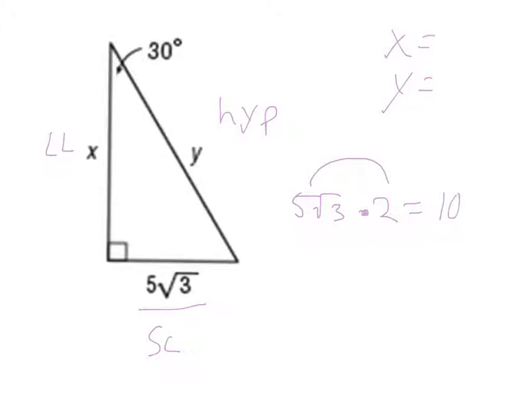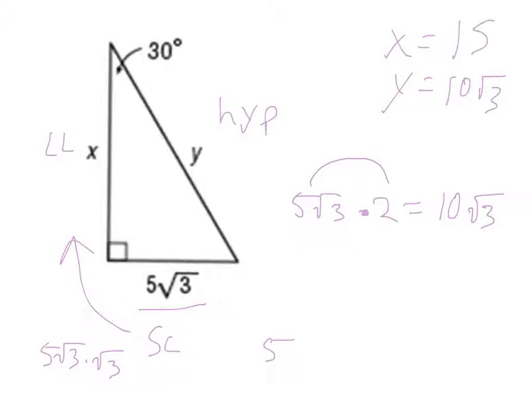So this equals 10 radical 3, which is the hypotenuse. If I'm going from short leg to long leg, I take 5 radical 3 and I multiply it times radical 3. If you put that in your calculator, all that does is tell you that it's 15. If you do it by hand, you end up with 5 times radical 9, which is 5 times the square root of 9, which is 3, which is 15.